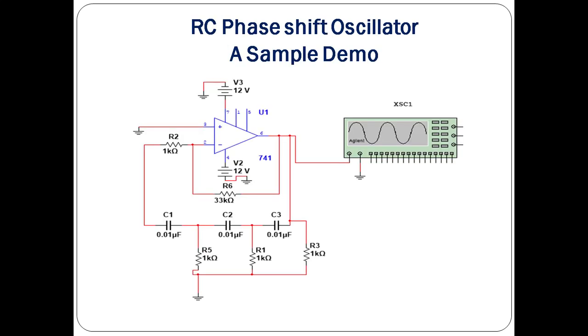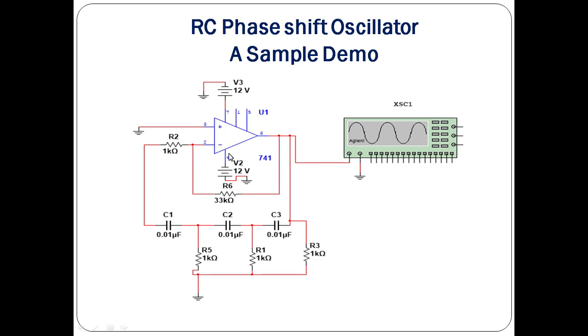As a part of the software simulation demo, I have considered the very first experiment, that is RC phase shift oscillator. The RC phase shift oscillator is a type of oscillator which is constructed with the help of RC networks and operational amplifier.